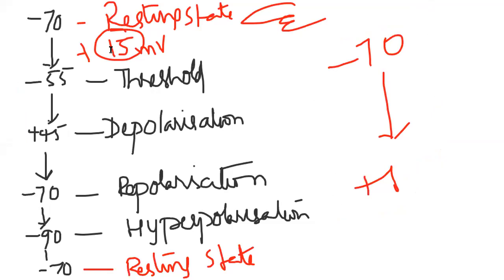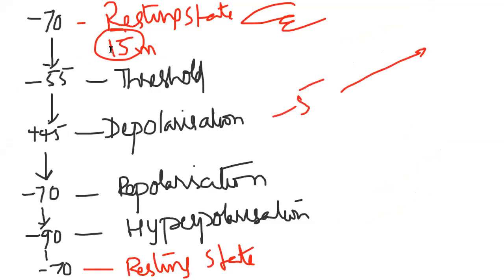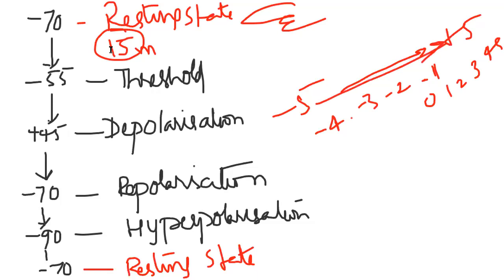So simply, I'm asking, like, minus 5 to plus 5. What is the distance I am talking about? That means minus 4, minus 3, minus 2, minus 1, then 0, 1, 2, 3, 4, 5. We reach 5. So you need to understand it like that.